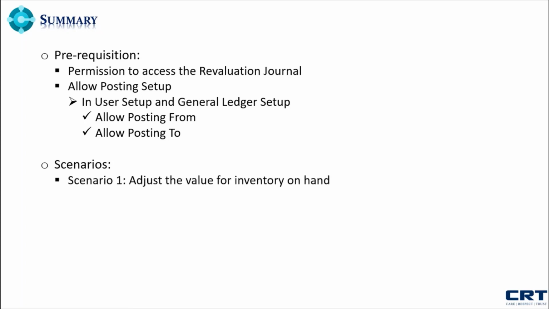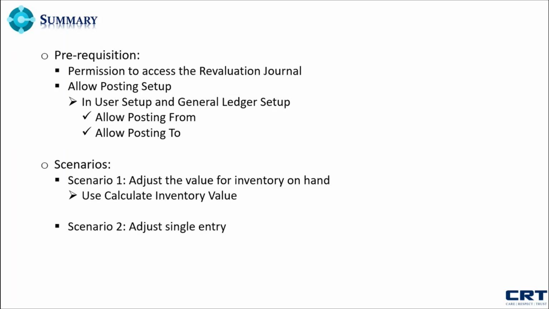One is we adjust the value for all the quantity on hand for a certain item. In this scenario, we utilize the function of calculate inventory value. In this demo, we have run through the test report of calculate inventory value and also the actual calculate inventory value. Then for the second scenario, we adjust a single entry of the items.